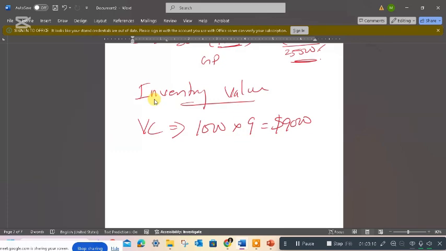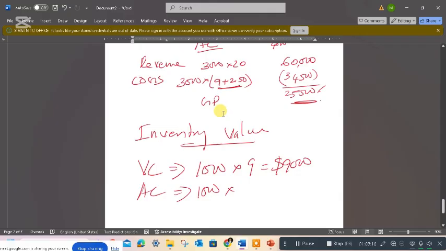But in absorption costing, what is the value of one unit? 9 plus 2.5, 11.5. 1,000 into 11.5, 11,500 will be the value of inventory. Clear? So it's all about how the products are costed. It's different. Accordingly, profit also will be different.